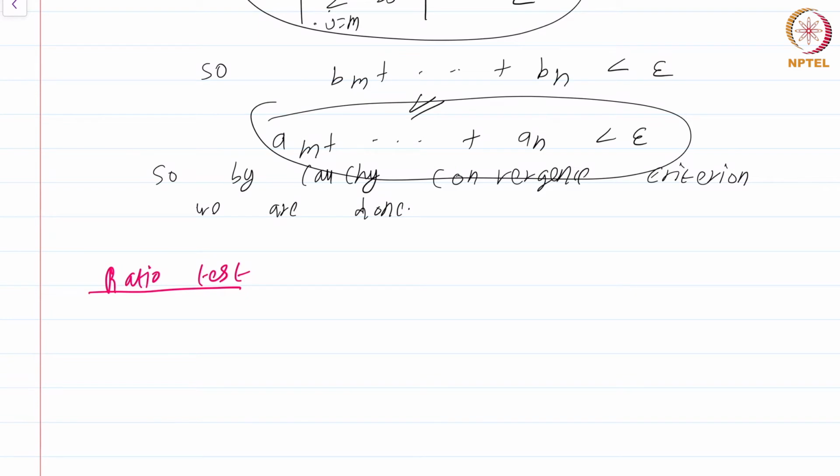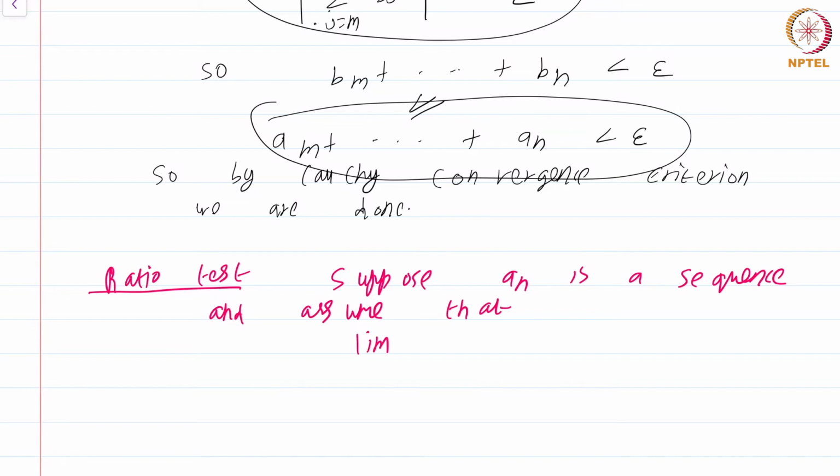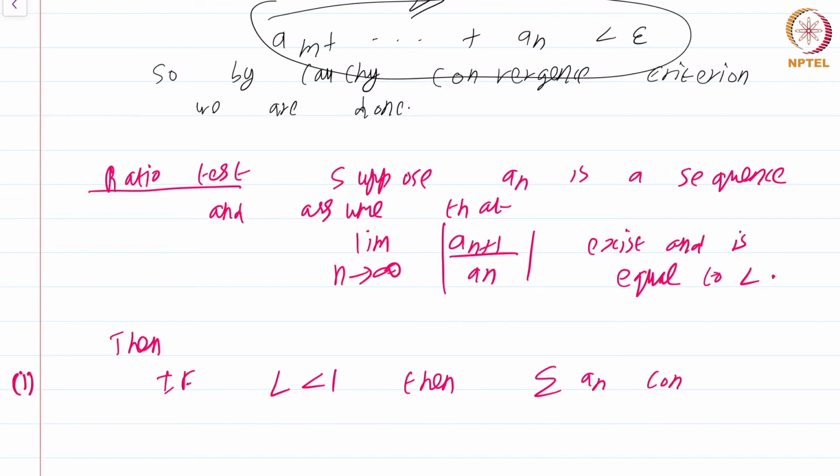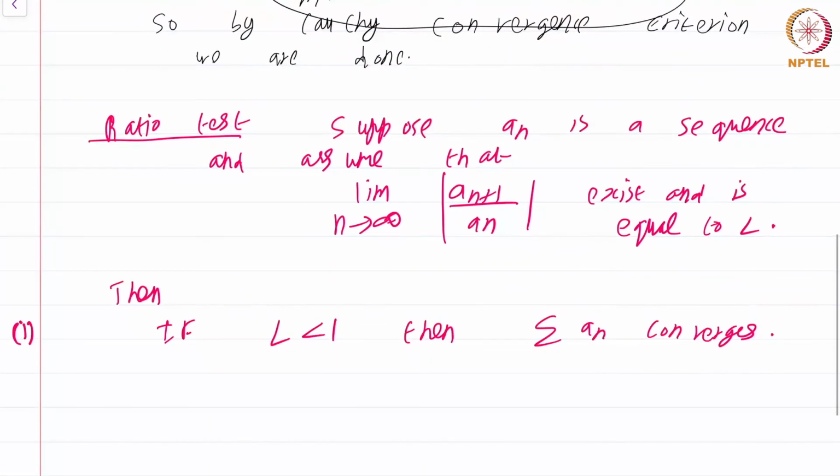Let's prove this ratio test. Suppose a_n is a sequence and assume that limit n going to infinity of |a_{n+1}| by |a_n| exists and is equal to L. Then number 1, if L is strictly less than 1, then summation a_n converges. 2, if L is greater than 1, then summation a_n diverges.